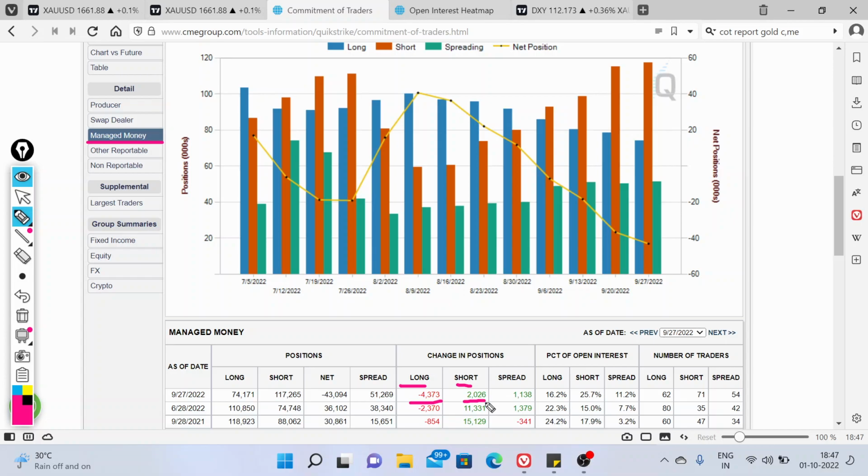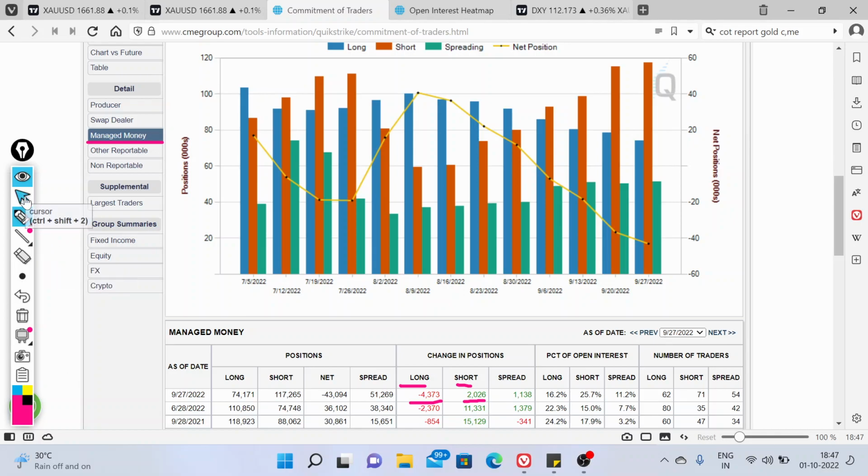So this is still showing bearish sentiment for gold, as we have seen in the previous week and the week before that. So overall we have a bearish sentiment from this COT report.